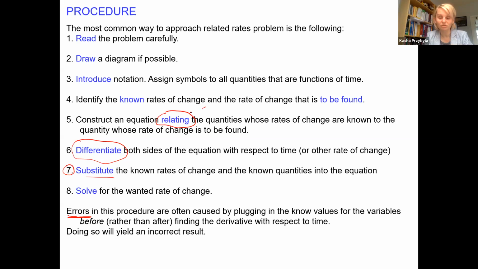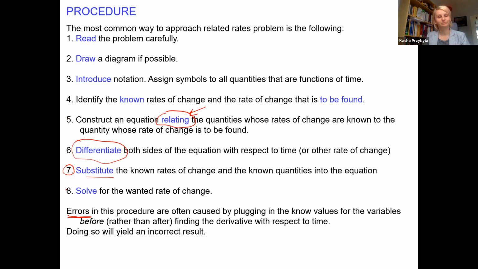That's when we put it into the model equation, the relationship, which of course will be wrong, because some of the quantities look like they are constant, fixed, but they are not. They are still increasing or decreasing. We have to be careful. Points 5, 6, and 7, that's the order. This is the typical mistake.